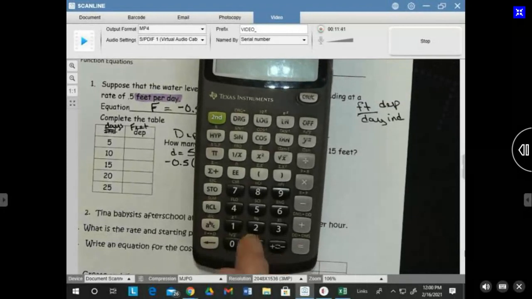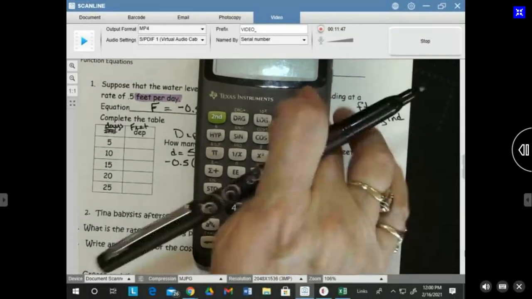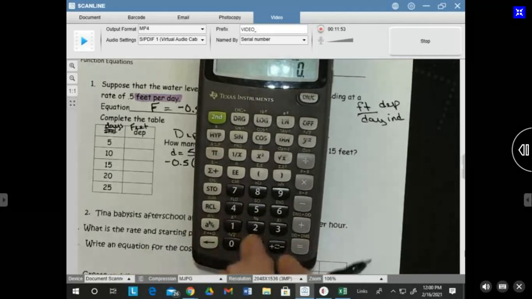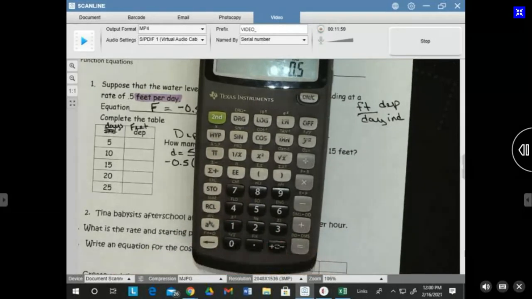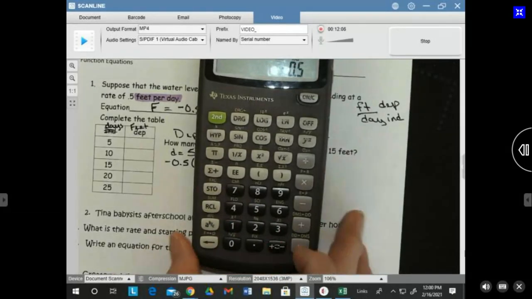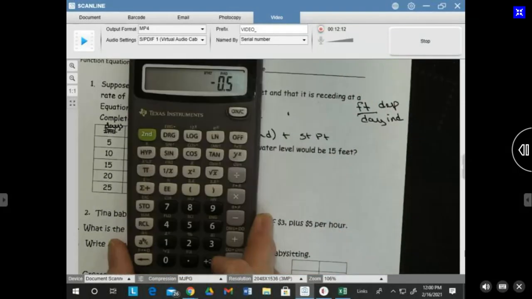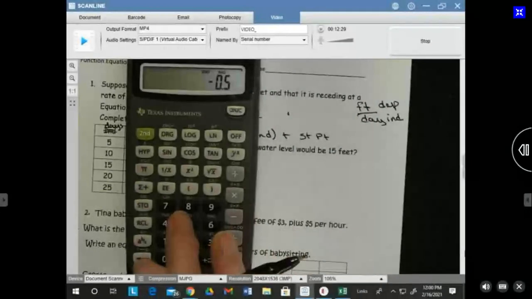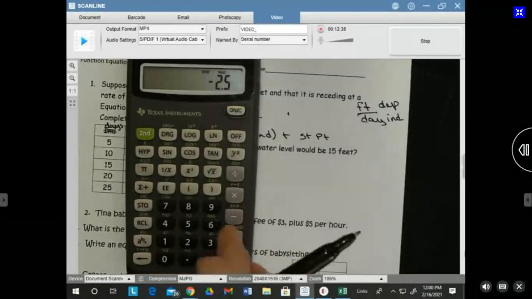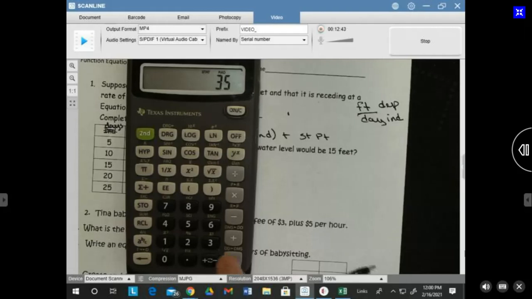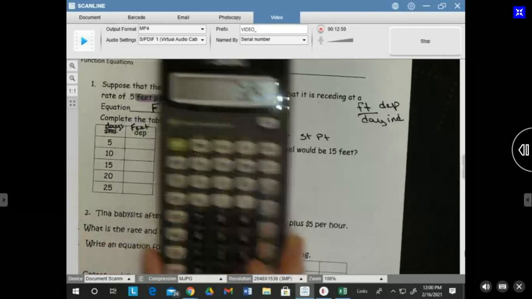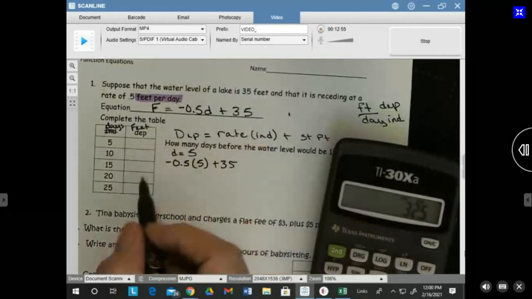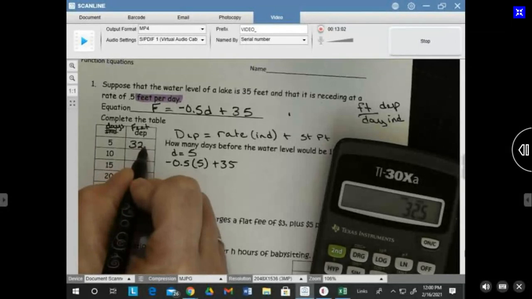So I'm going to say 0.5 and negative. You know what works even better if you turn it on? 0.5 negative times what? What's my number of days on this one? Equals, and then plus my 35. So I get 32.5.